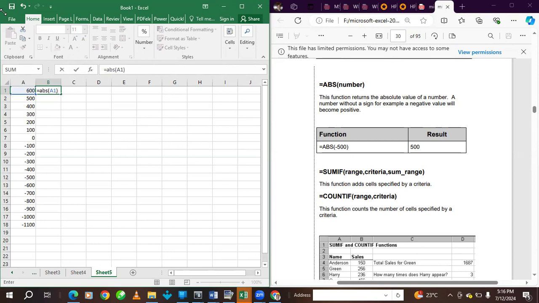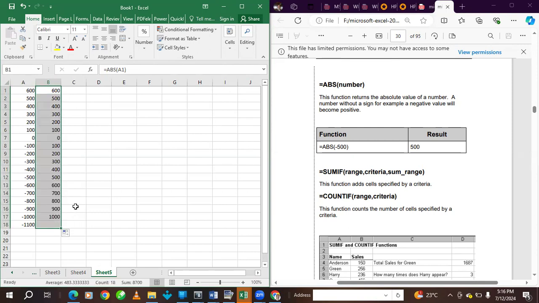So in that case, you just press enter, and it will return all positive values. But negative values will change to positive like that. So that's how you should understand. You are seeing positive values, they are staying positive. And negative values are also changing to positive.